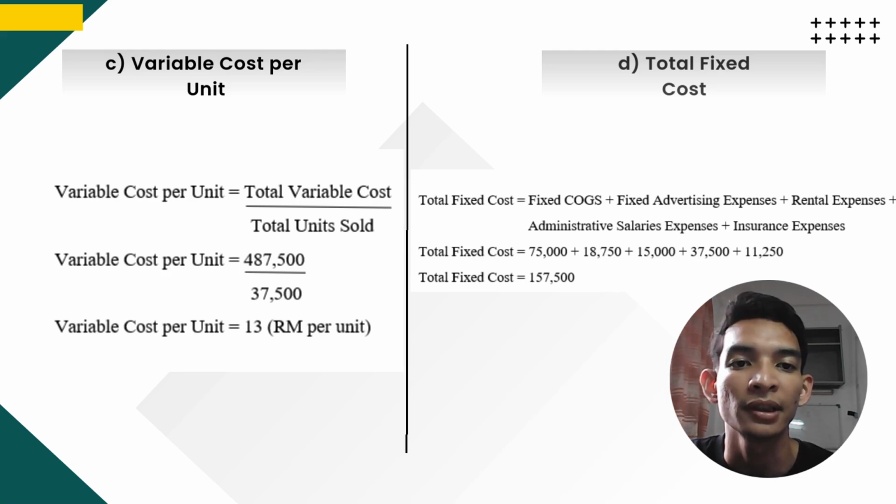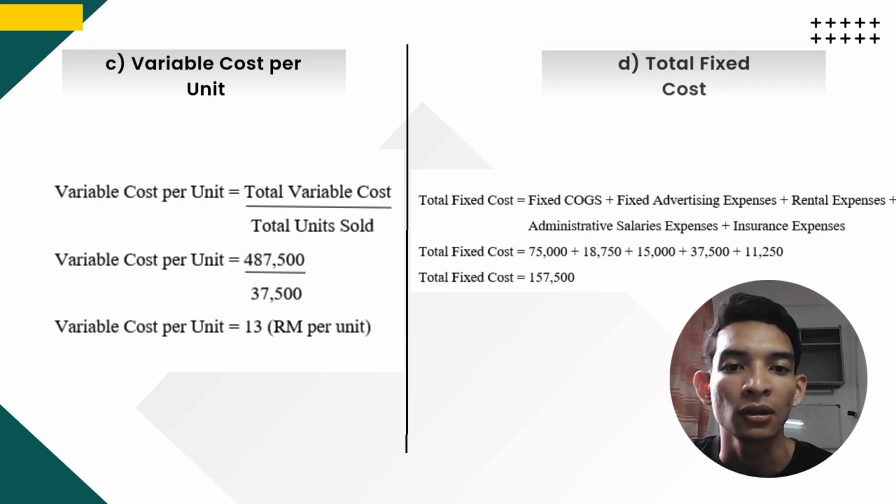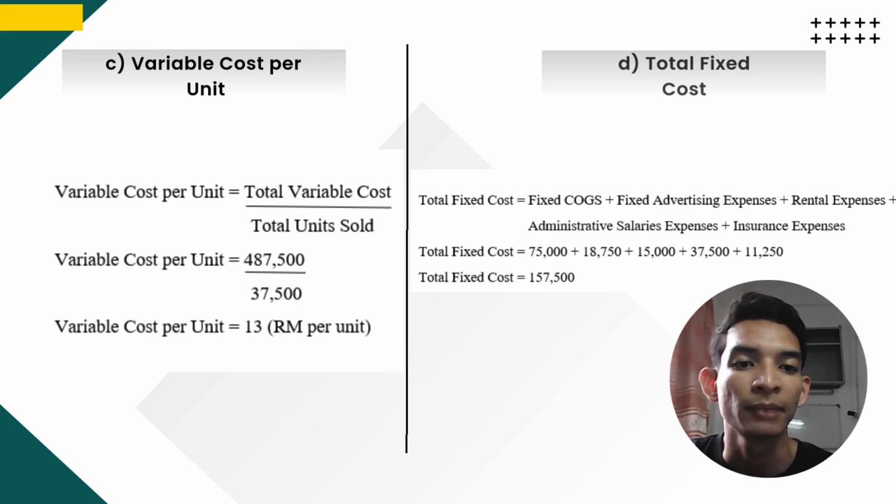And question D is total fixed cost. For total fixed cost, we should add all the fixed costs: fixed cost of goods sold, fixed advertising expenses, rental expenses, administrative salaries expenses, and lastly insurance expenses.